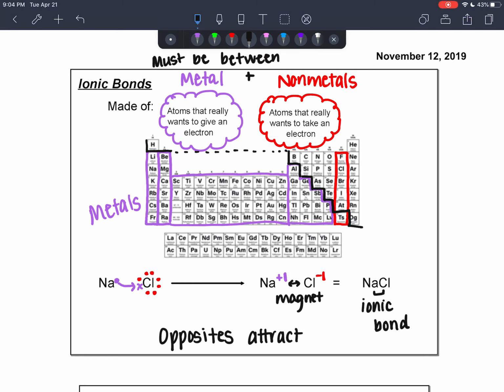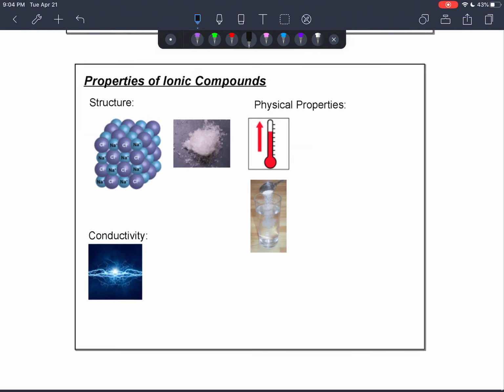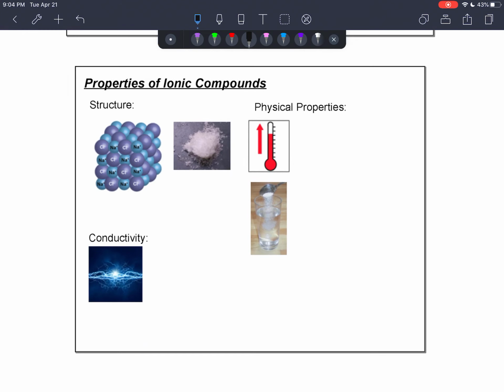We can't have it any other way. An ionic bond isn't going to form between a nonmetal and a nonmetal. It's not going to form between a metal and a metal. It's always got to be between a metal and a nonmetal. And that's going to be very useful for us. So I'm even going to highlight that because it's probably the most important thing that you could take away from this slide. So moving down onto properties.